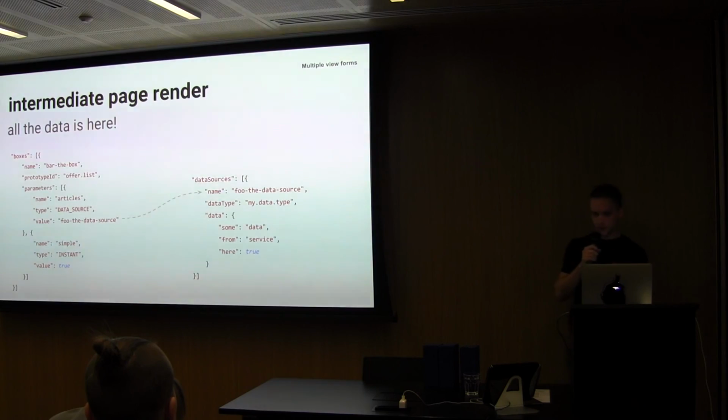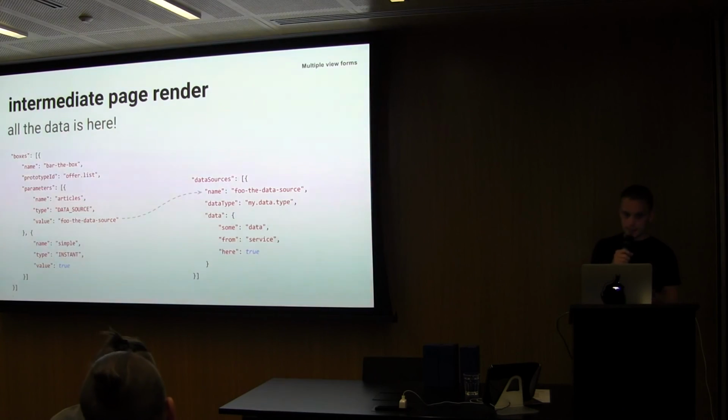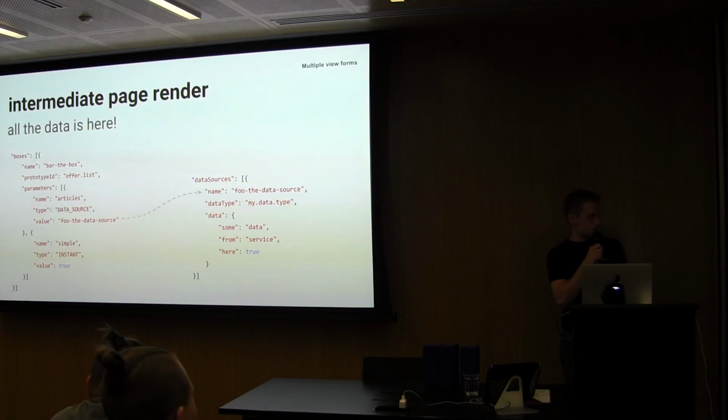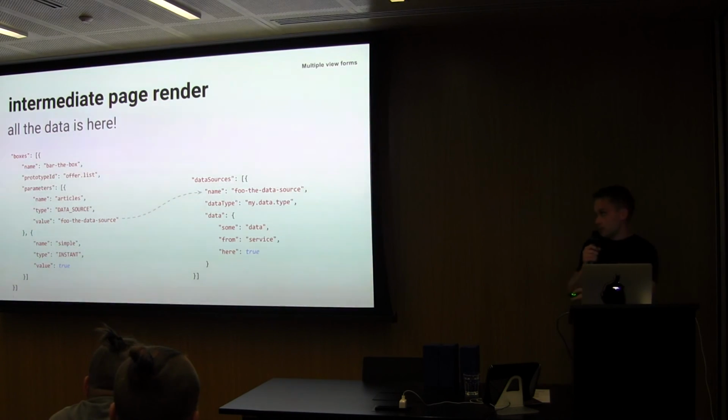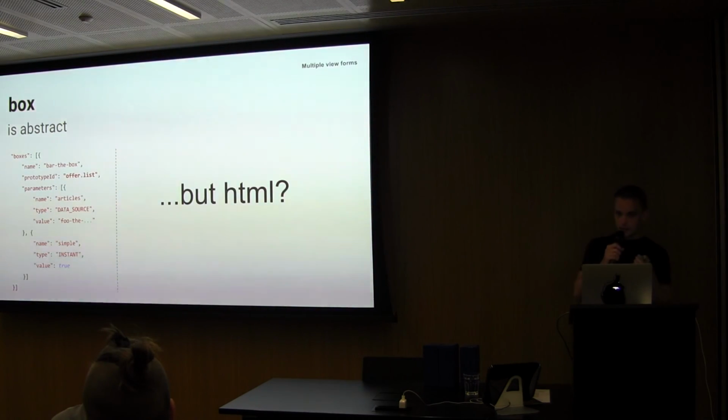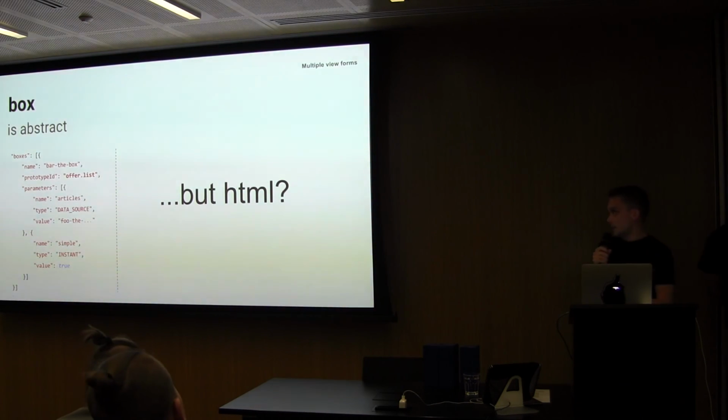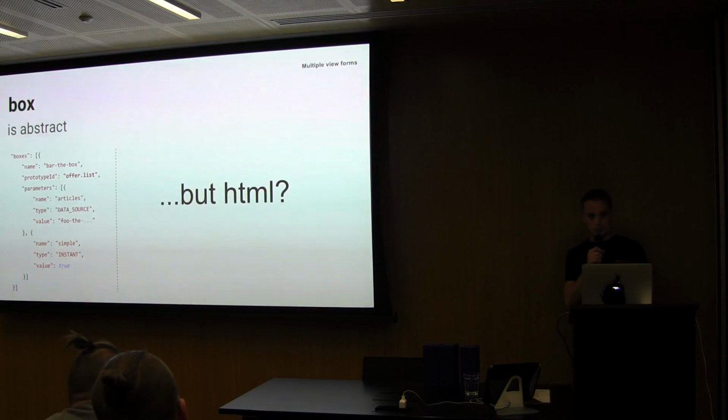But what is important here is that the structure consists of boxes, a tree structure of boxes, and the data fetched from the services. We have all of this in one place, all the information needed to describe the page. In page definition, we operate on boxes, and boxes, as we said before, represent only an intent, an abstract UI element.